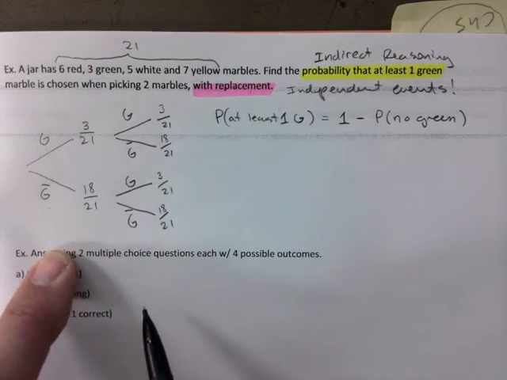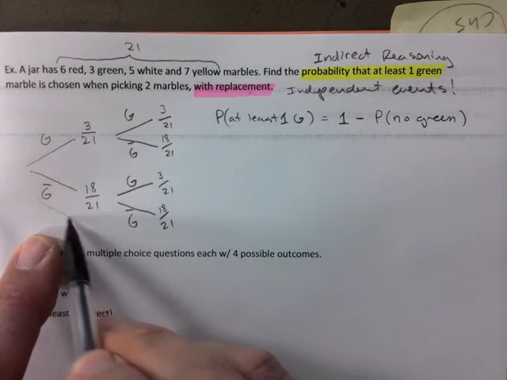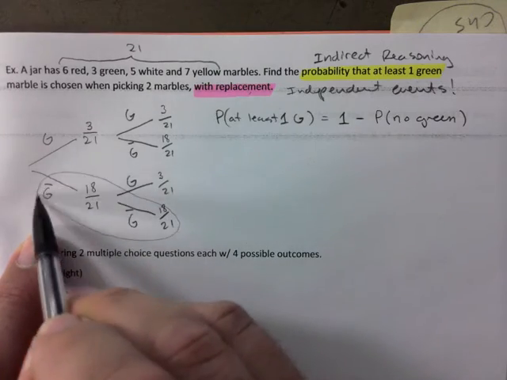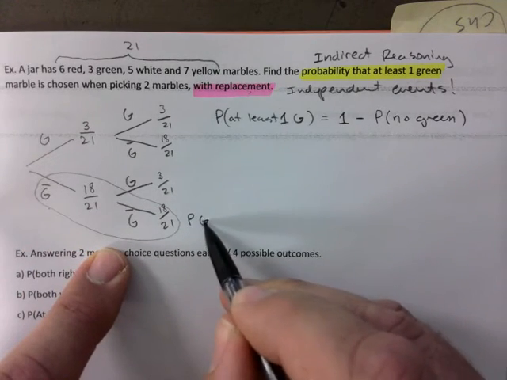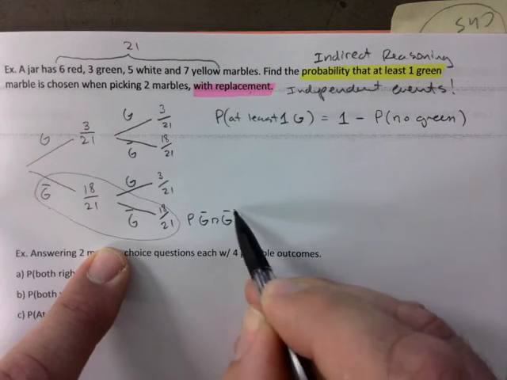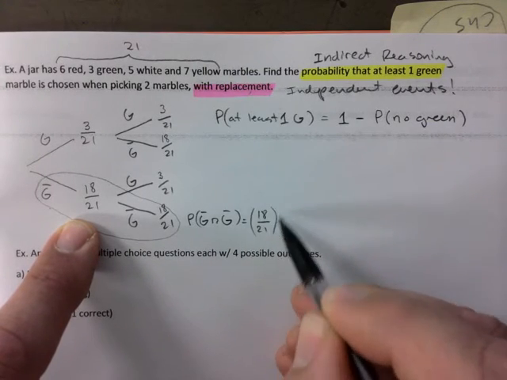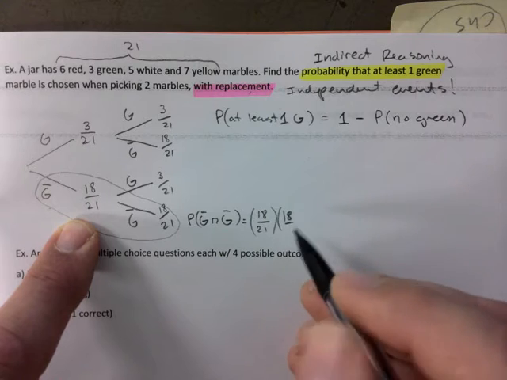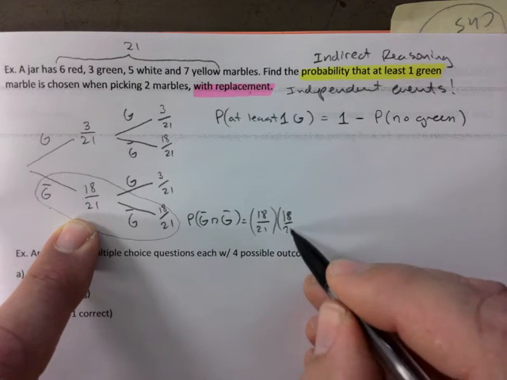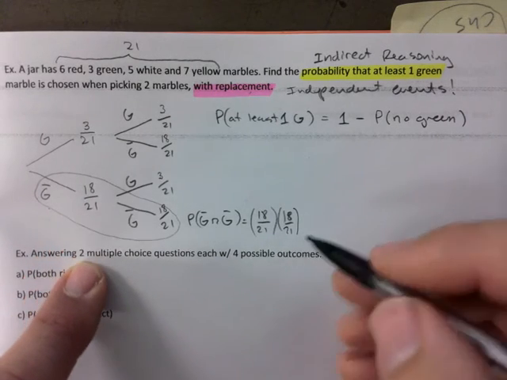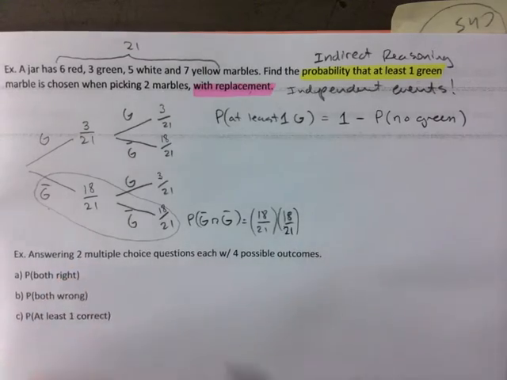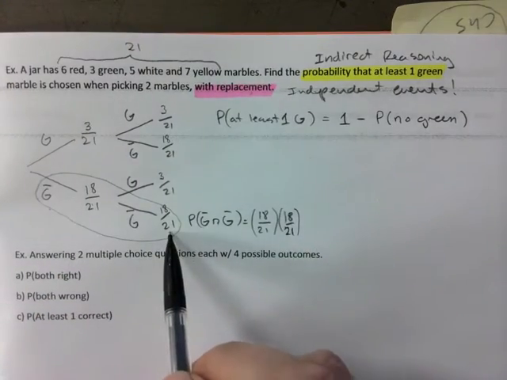And where's your probability of no green? It's right here. Probability of not green and not green is 18 over 21 times 18 over 21. It's not just 18 times 21, it happens both times, right?